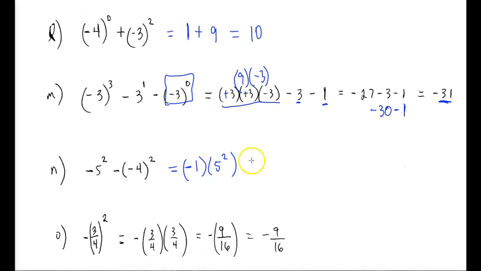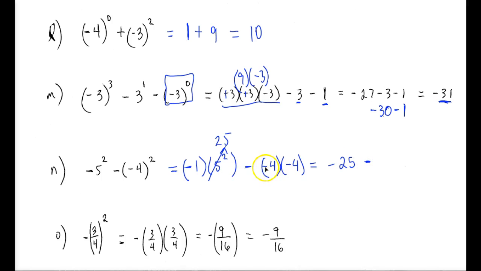So now from here, we have minus and then -4 multiplied times itself twice. 5 squared, we know, is 25, and 25 times a -1 is a -25.